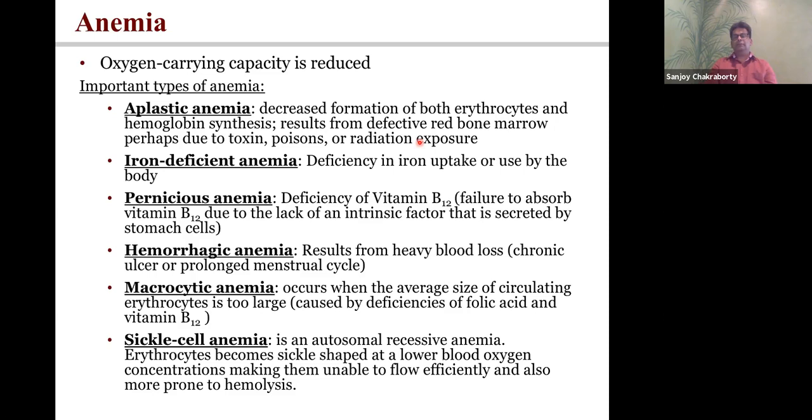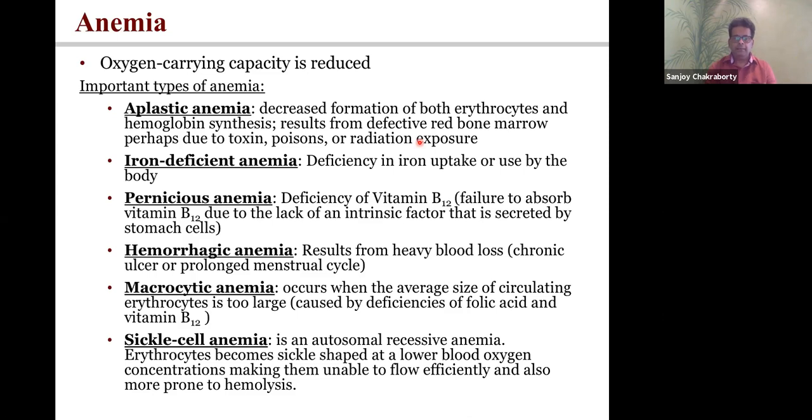With the deficiency of vitamin B12, what happens is vitamin B12 is essential for DNA synthesis and all this production of the blood, at the molecular level. So vitamin B12 is necessary. But we absorb vitamin B12 from food. We don't make vitamins in the body, we take them from food. When you eat food, your stomach secretes a factor called intrinsic factor.